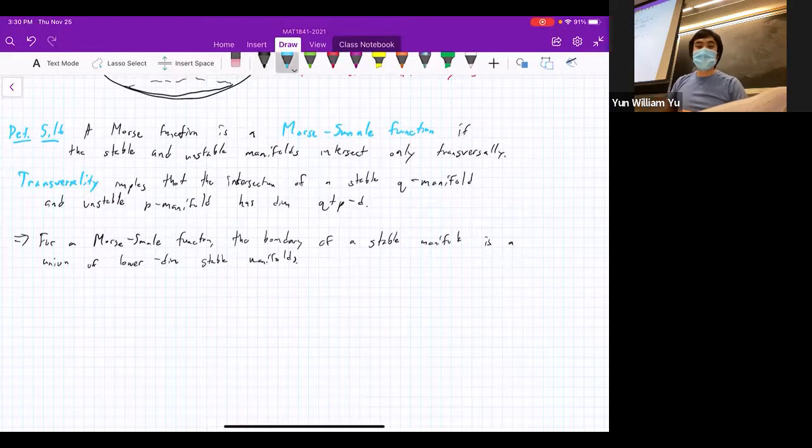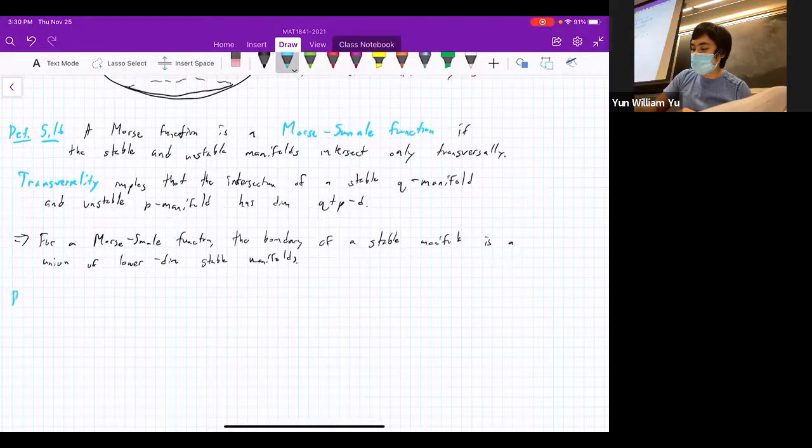And the other thing you can do is, since these stable and unstable manifolds cross transversally, you can define a new complex that includes both the unstable and stable manifolds. And so that's exactly what we're going to do here.